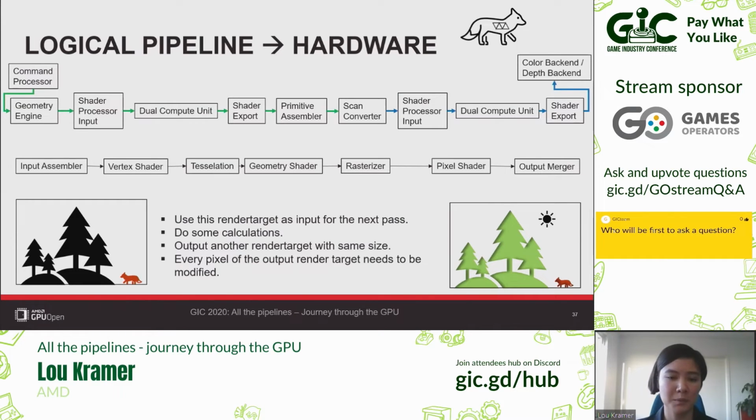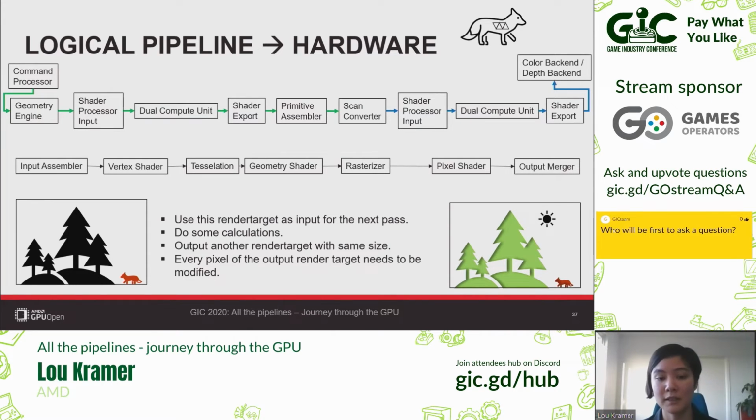And this post-processing step, like this particular example, would be a full screen pass. So what it means is that the output render target has the size of your screen. So in our example, we use the just generated render target as input for the next pass. We do some calculations on it, and we output another render target of the same size, which is actually the size of the screen.